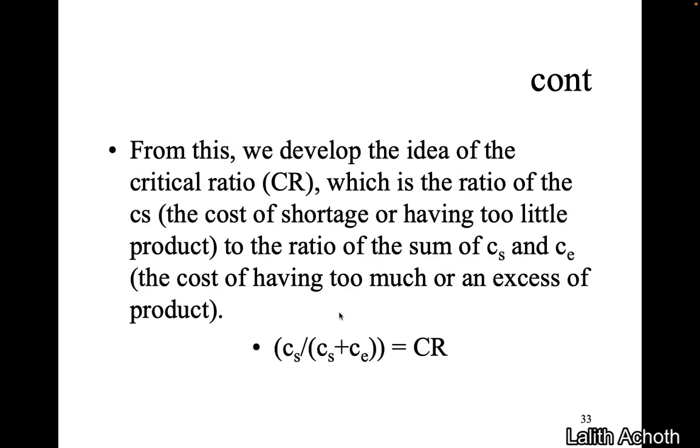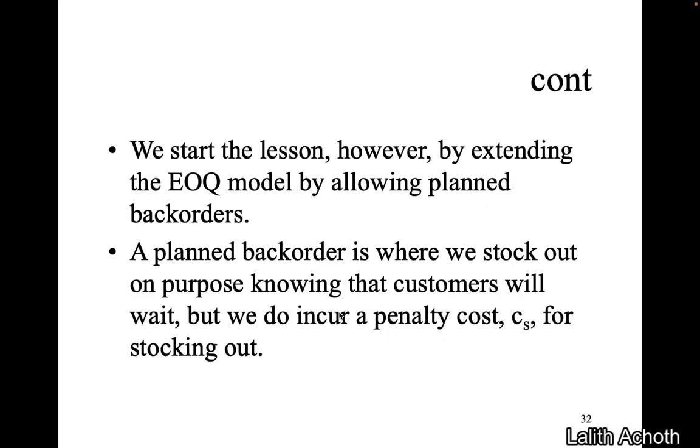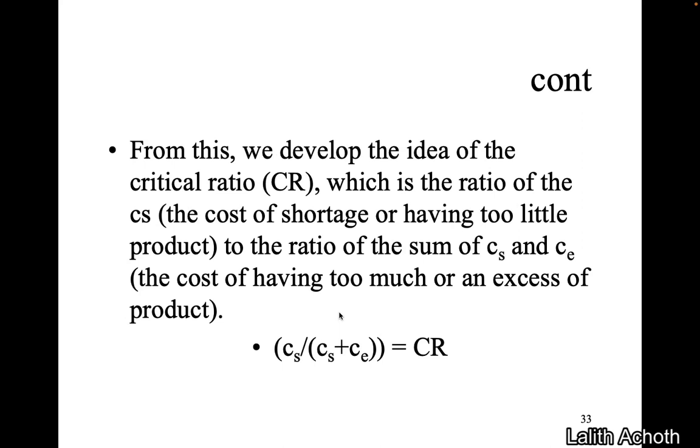C subscript S. From this, we develop the idea of a critical ratio. Now, this you must pay very close attention to. In single period models, the critical ratio is very important. The critical ratio, CR, is the ratio of the shortage cost, CS, the cost of having too little product, to the sum of the shortage cost plus the excess cost.